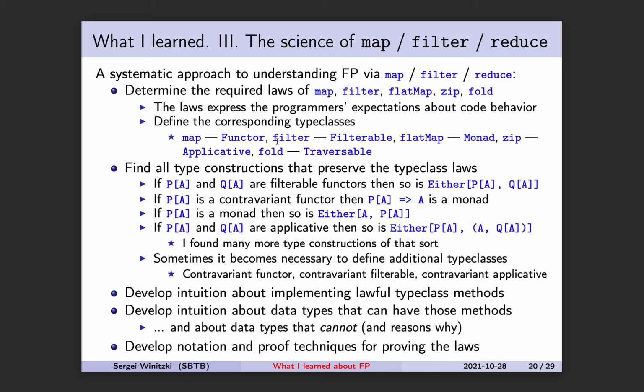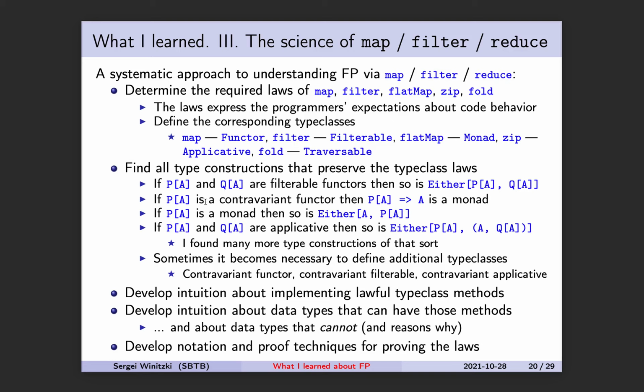And then the second thing that I realized is that you can build new data structures from old ones, preserving the type class laws. So here's an example. If P and Q are filterable functors, so they have map and filter, then either P of A, Q of A is again a filterable functor. So they have these methods.